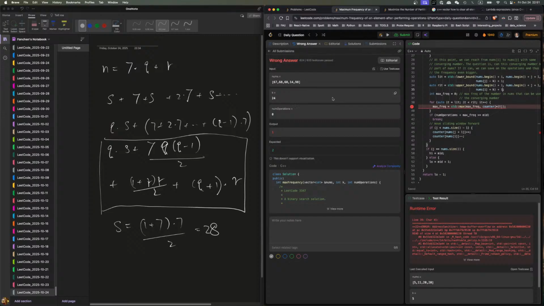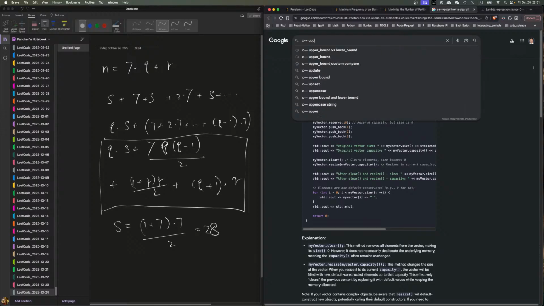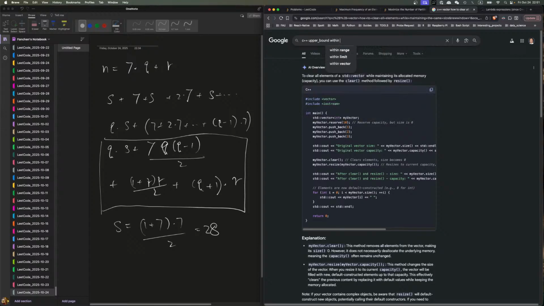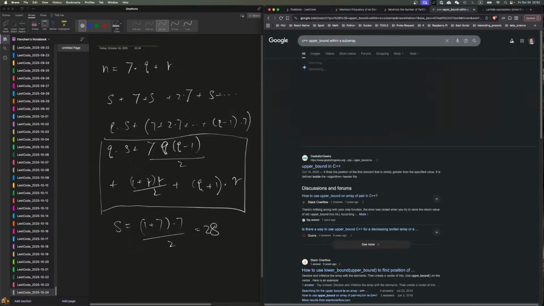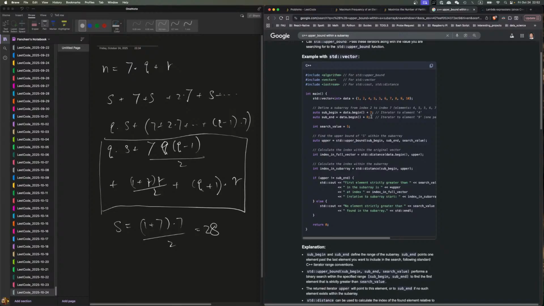No. No. Upper bound within a subarray. Beginning and end.